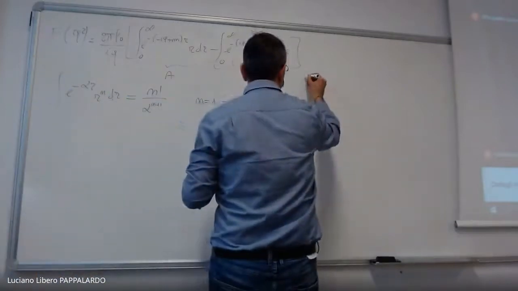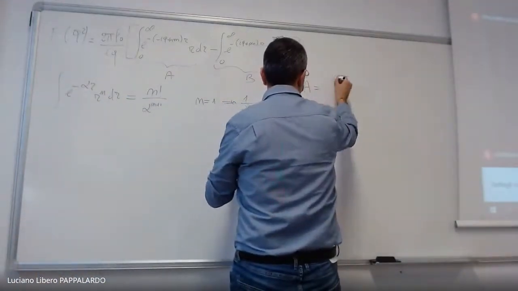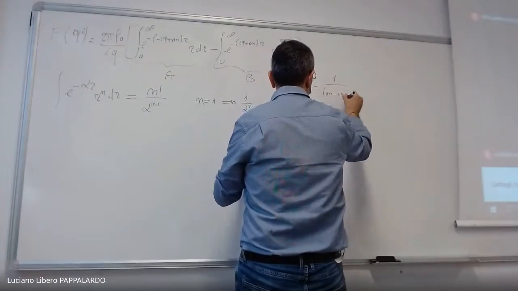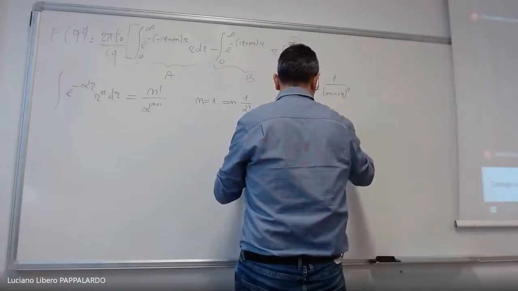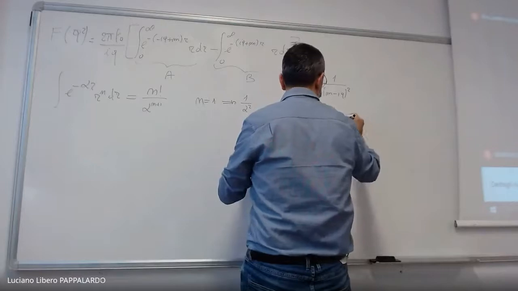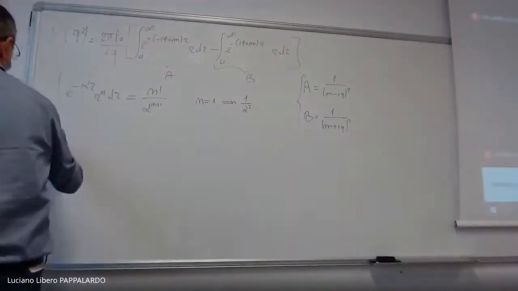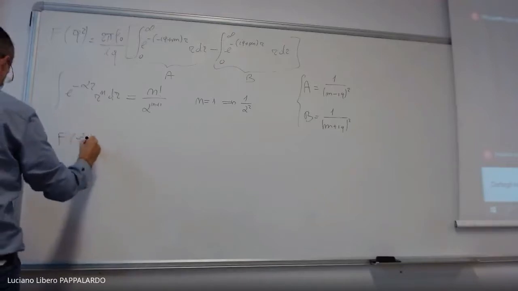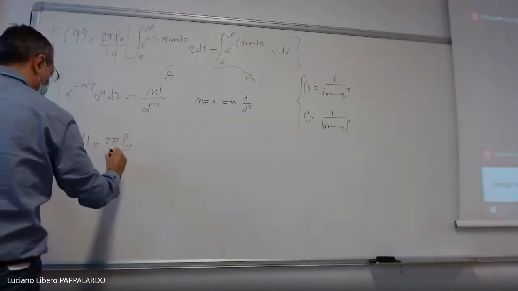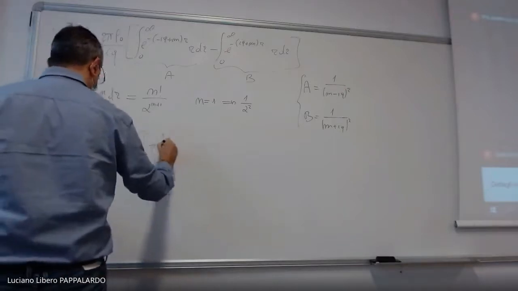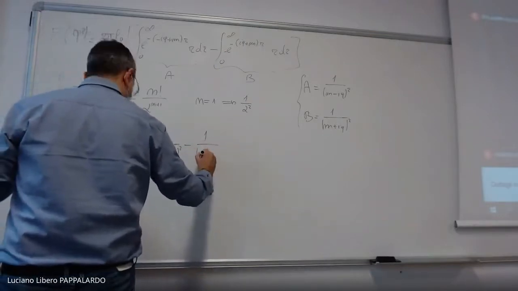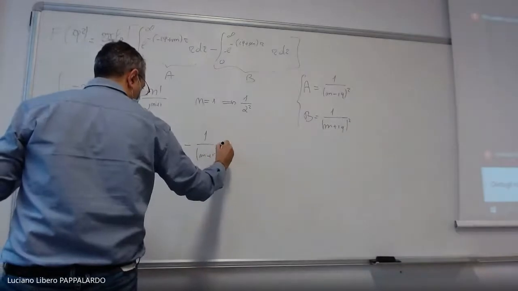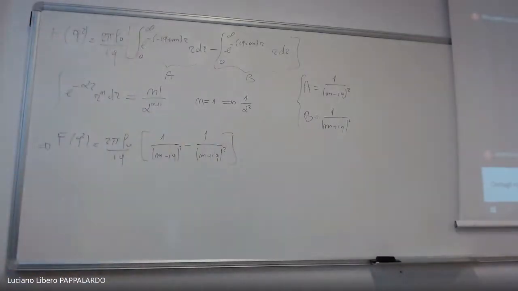And so integral A is given by 1 divided by (1 minus i q) squared, and integral B is equal to 1 divided by (1 plus i q) squared. Okay, I put the solution of these two integrals.